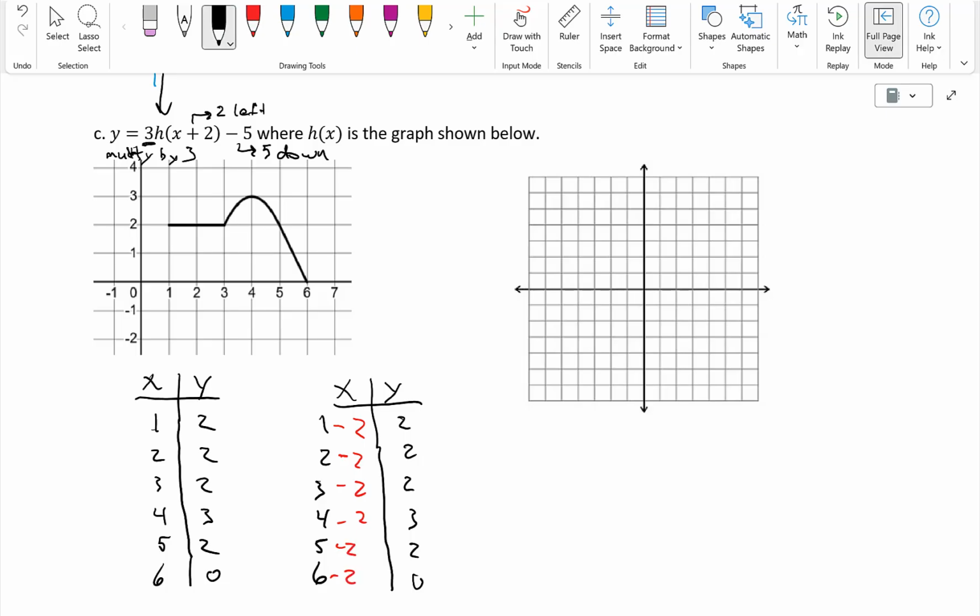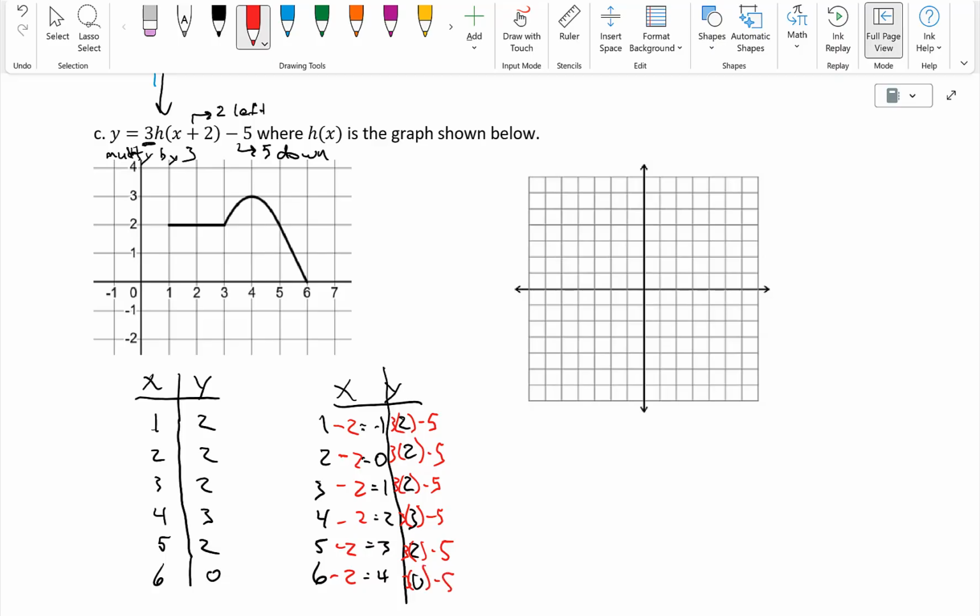I guess I didn't leave good room there. Let's move the middle. That's easier. So we're going to get new points. X coordinates negative 1, 0, 1, 2, 3, and 4. And for the y values, we want to multiply by 3 and then subtract 5. Right? Every single point is going to be stretched and then shifted down.